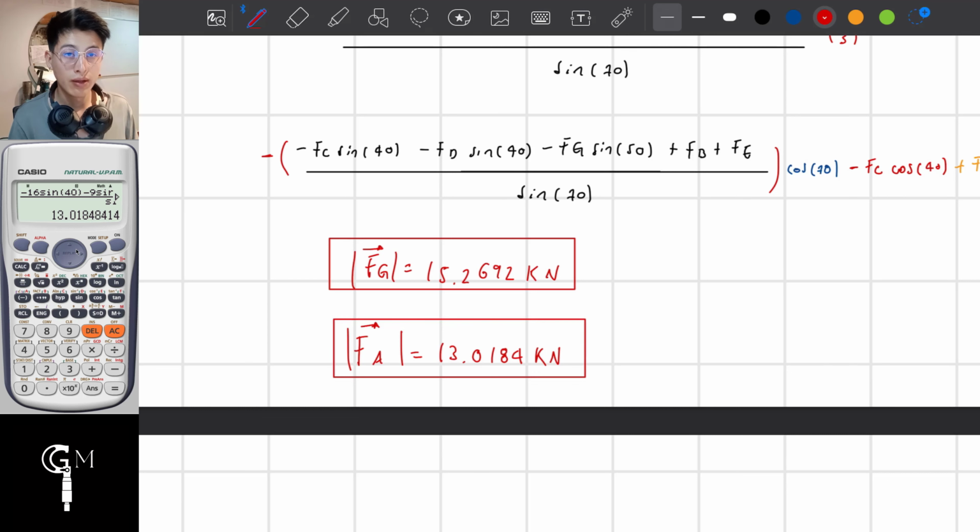And that's it, guys. This is how you can solve this exercise.